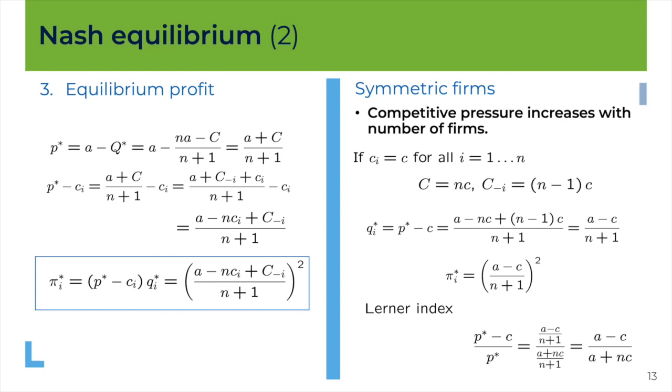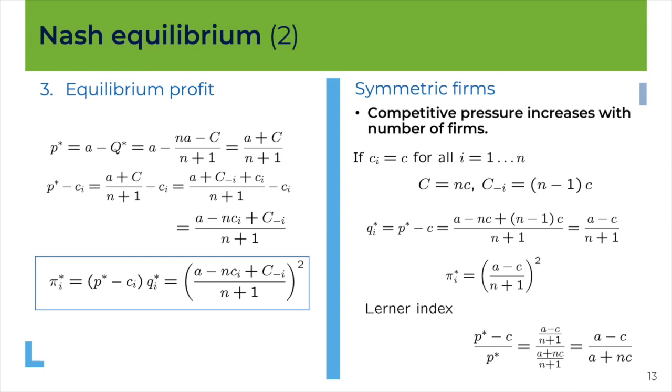Okay. The only thing I want to stress your attention on here is that all these expressions, so quantity of a single firm, the profit of a firm at equilibrium, and the Lerner index, it's very easy to see that they all decrease with n. So if you increase n, this is decreasing, and the Lerner index is decreasing as well. What does it mean from an economic point of view?